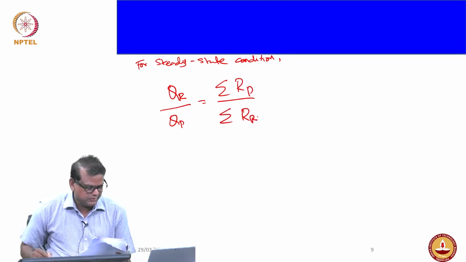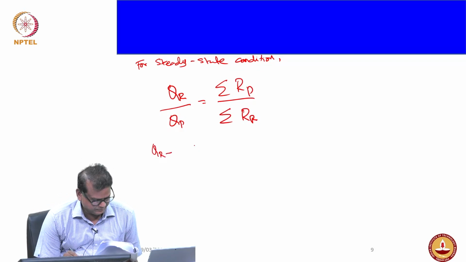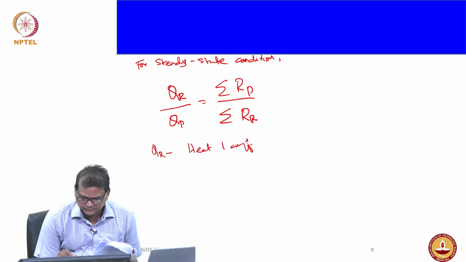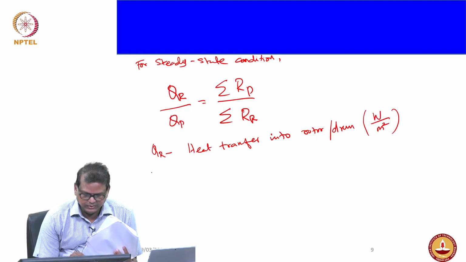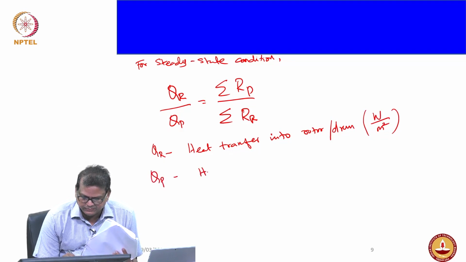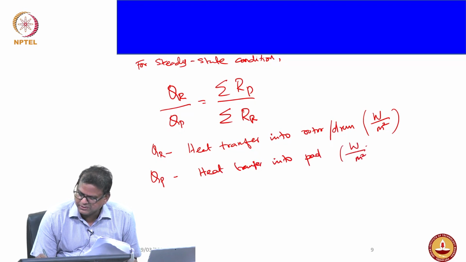I just wanted to emphasize QR equals the heat transfer into the rotor or drum, in watt per meter square of surface area. QP is the heat transfer into the pad, which is also watt per meter square.